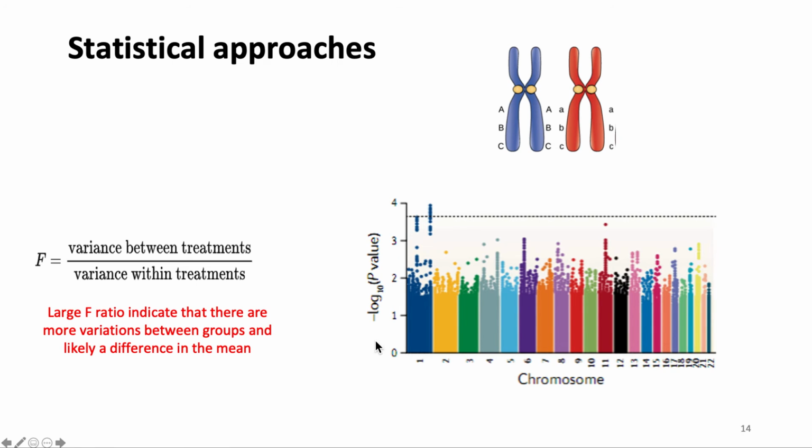So we take the negative logarithm of the p-value, which transforms the really small number to a positive number, and with that we can identify which molecular markers are associated.